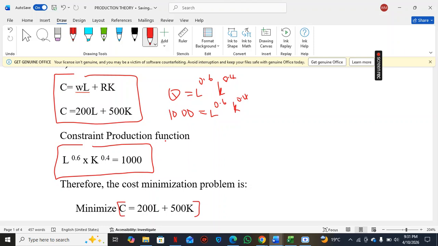They'll tell you how many units the firm wants to produce. Those are the two things you need to put: this equation here and this production function. Then you get the full marks.